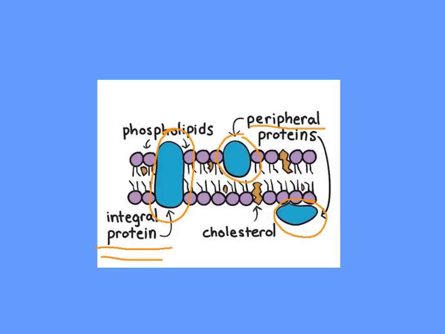They could be in touch with the extracellular fluid outside or with the cytoplasm inside. Now finally we have cholesterol, which is a molecule that gives a little fluidity to the cell membrane.